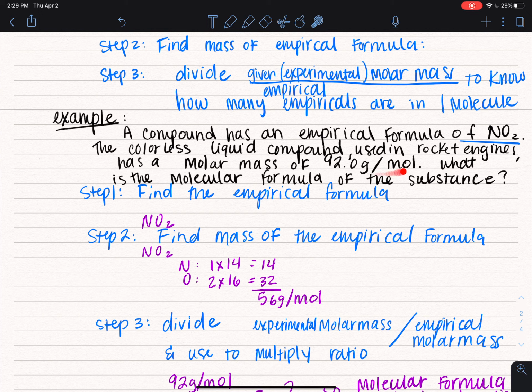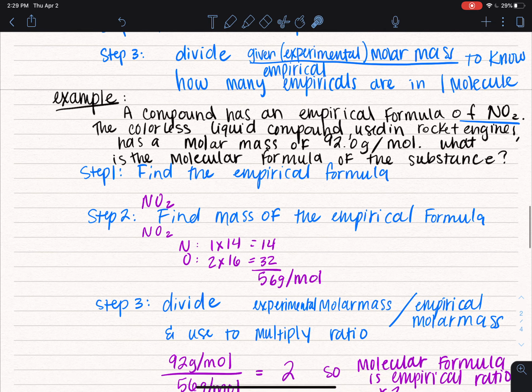We know that this molecule is made up of this. We just don't know the actual subscripts. All we know right now is it's a ratio of 1 to 2, 1 nitrogen per 2 oxygens. But we don't know how many nitrogens and how many oxygens are in 92 grams. Okay, so what is the molecular formula for the substance?